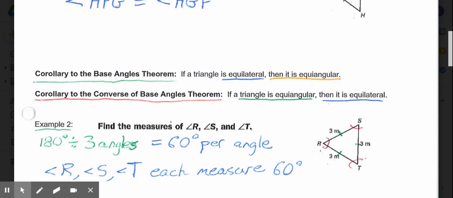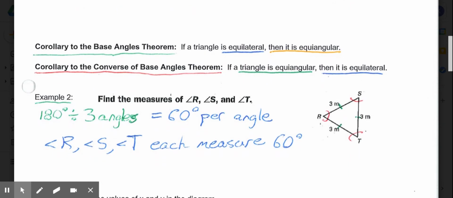Then we get into the corollaries to these theorems. And remember, a corollary is kind of an extension or a conclusion we can draw based on a theorem that's pretty simple to come to. So the corollary to the base angles theorem says if a triangle is equilateral, then it is equiangular.